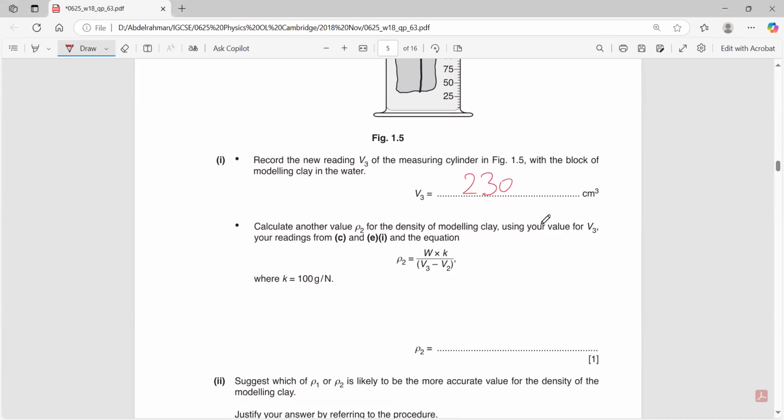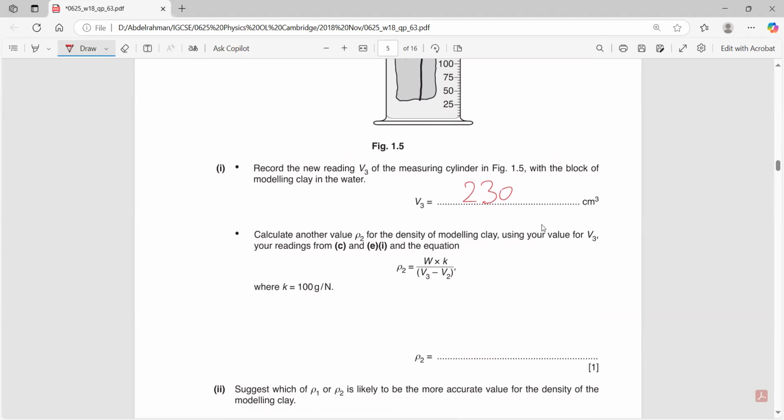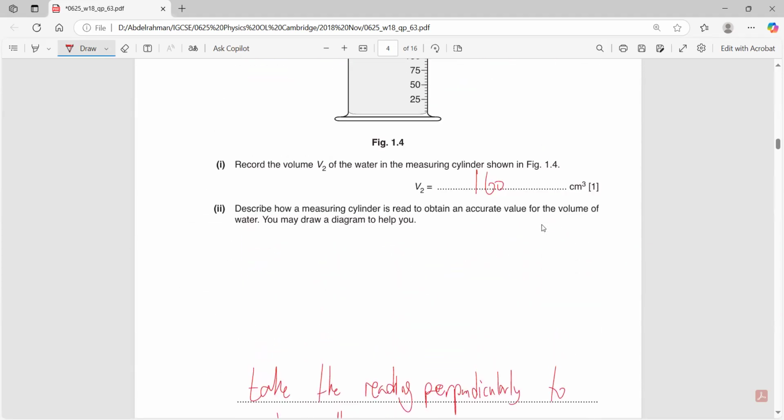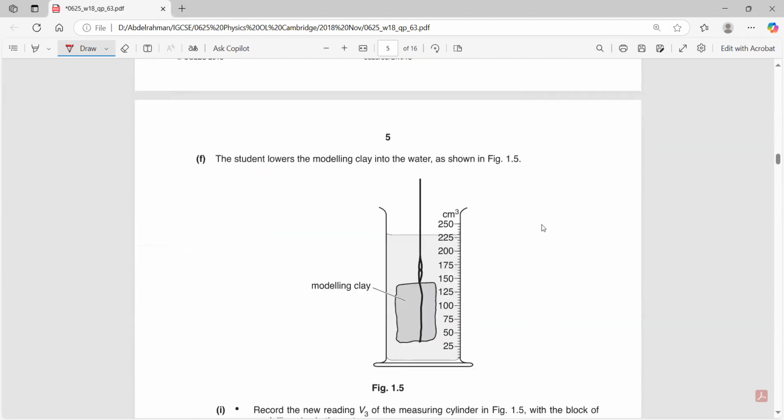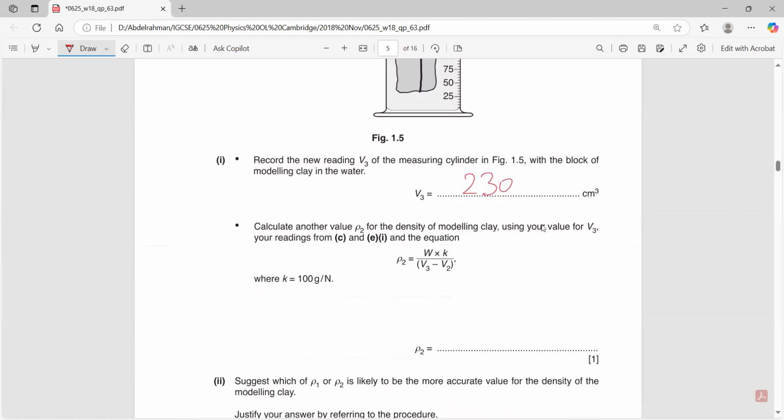Calculate another value for density 2. Can I find rho 2? Yes, you have rho 2. What is W? W was the previous reading, which was, yes, 1.4. So again, you have 1.4 times 100 divided by V3 minus V2.